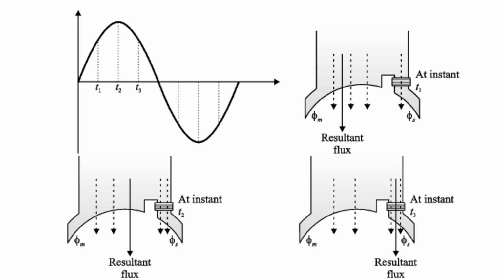At instant t3, current is decreasing, the induced current and flux phi s try to oppose this decrease. Hence, there is a crawling of flux in the shaded part and the resultant flux lies in the shaded part. This action continues and resultant field rotates from unshaded part to shaded part.